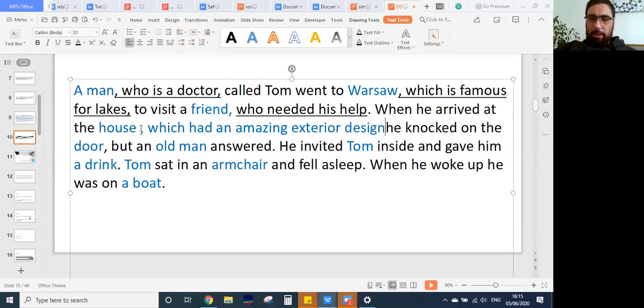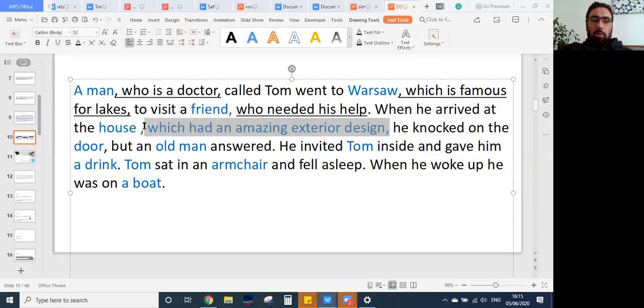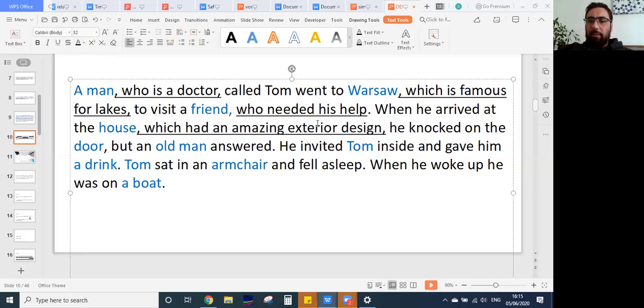Which had... okay. So when he arrived at the house, which had an amazing exterior design, he knocks on the door.